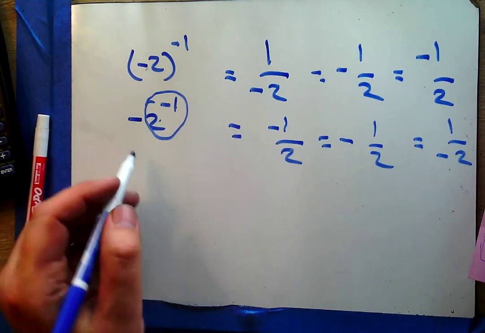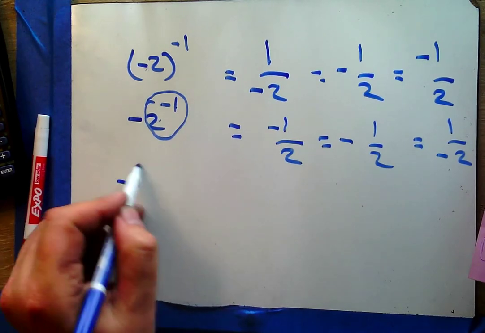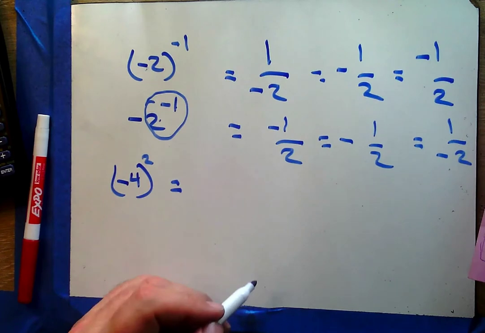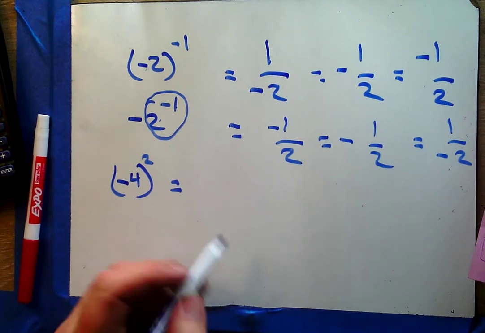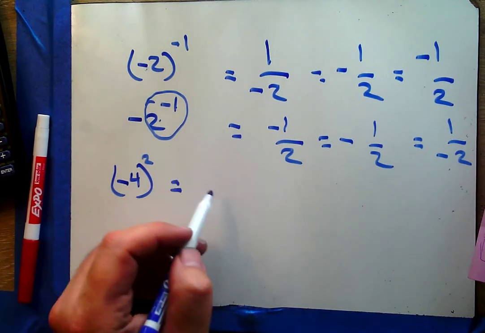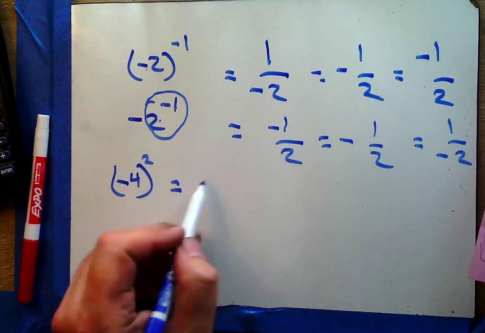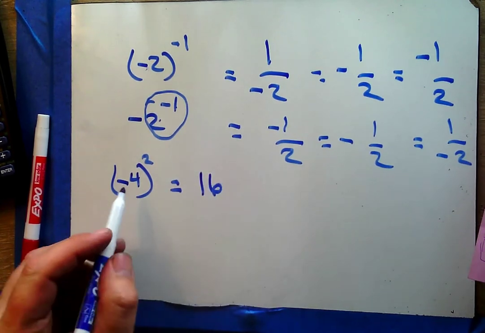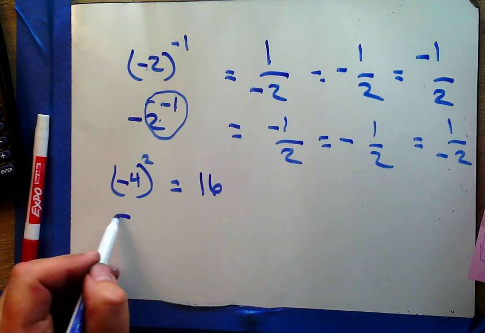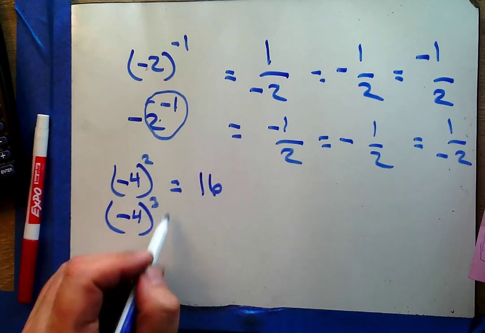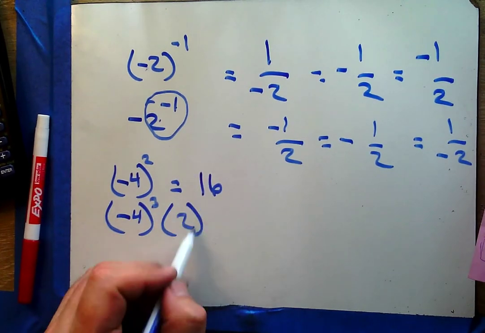All right, what's next? How about negative 4 to the second? 5, 4, 3, 2, 1. Excellent. 16.